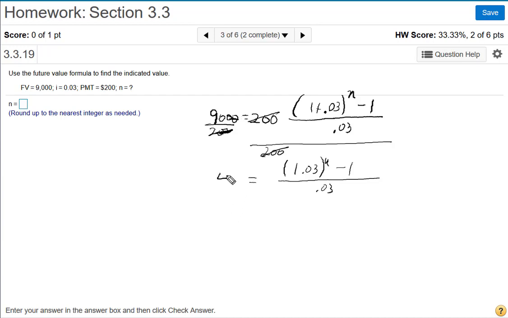I can do that one in my head. Next, we want to multiply both sides by 0.03. That will disappear. And 45 times 0.03 is 1.35. We need to add 1.